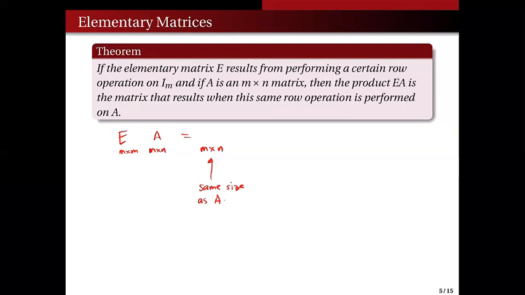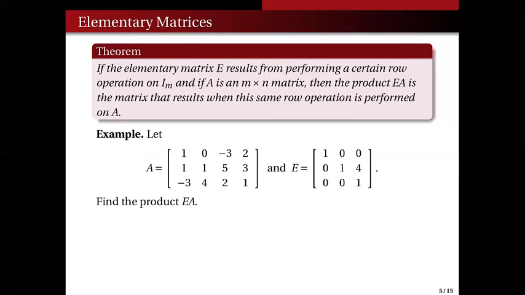So to understand this further, let us look at this. You have the matrix A here, it's 3 by 4. You have a matrix E here, it's 3 by 3. And you want to find the product EA. So you can multiply them, go ahead.